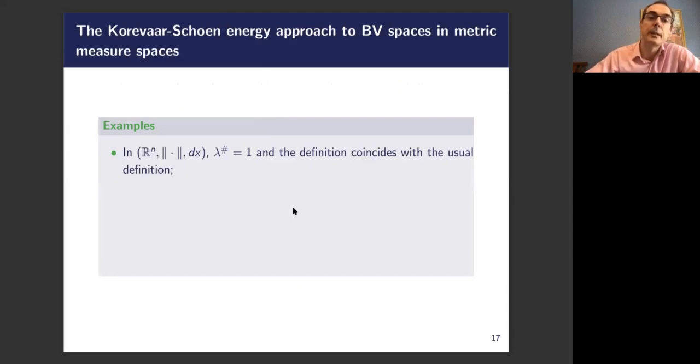So it turns out that in the case of Euclidean space, this approach to the space of BV functions coincides completely with the Caccioppoli approach. That is, the definition of the space of BV functions is the same. And we don't lose anything using the Korevaar approach or the Caccioppoli approach. The critical exponent in that case is equal to 1, and the theory is the same.